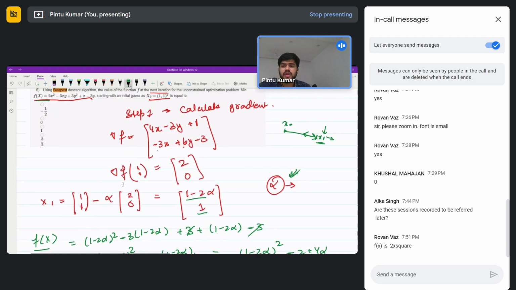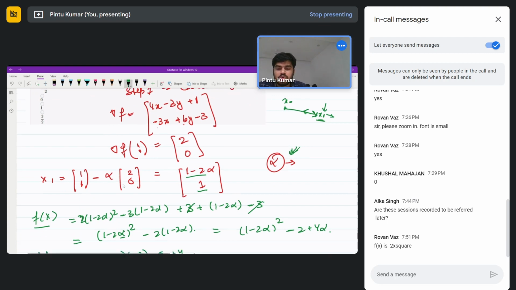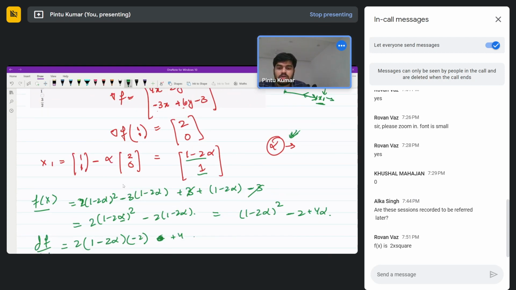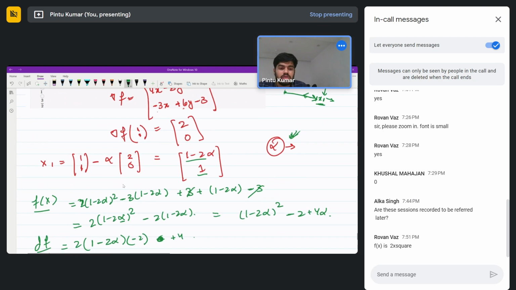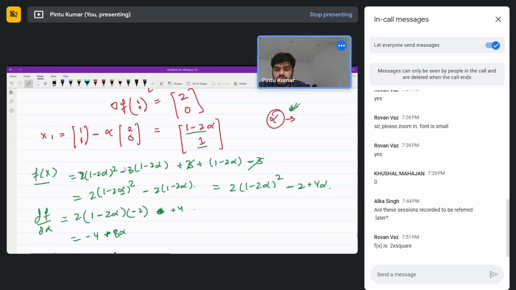So this is 1 minus 2 alpha, comma 1. So this is 2x square. Yeah, this is 2x square. So I missed a 2 here, right? This is 2x square, so there would be one more 2 over here. So this would be 4 here, right?